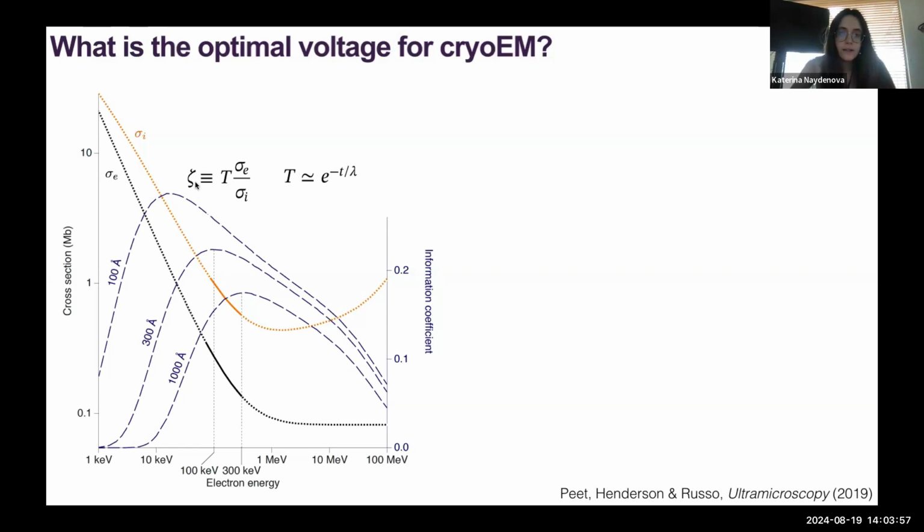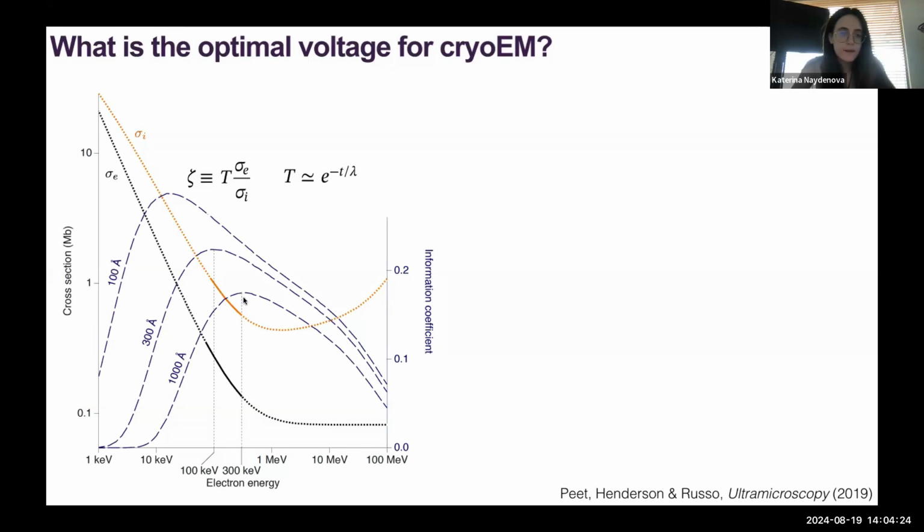Therefore, if we construct this information coefficient, which is just the ratio of the elastic to inelastic scattering times some transmission penalty for the sample thickness, we plot it as the purple line for various thicknesses, we see that this information coefficient actually peaks at a certain voltage. And where it peaks depends on the specimen thickness.